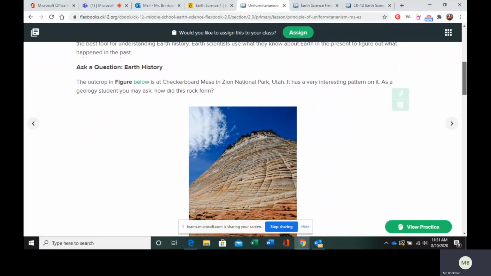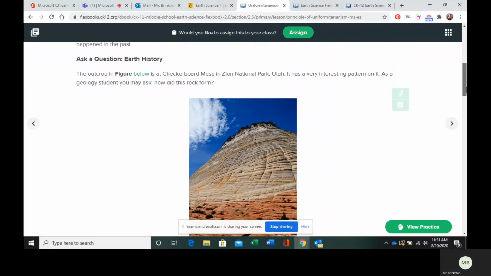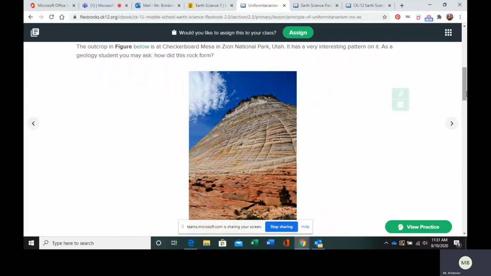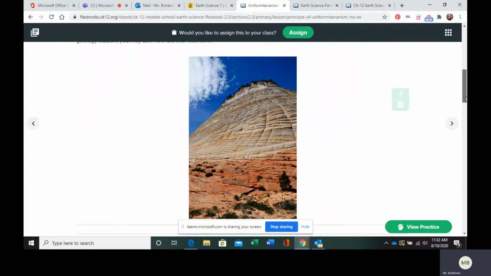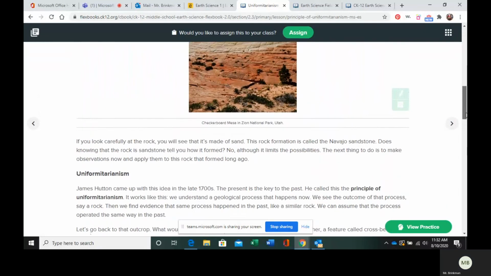So we start off with this picture of an outcrop at Checkerboard Mesa in Zion National Park in Utah. This is a very interesting pattern, kind of this swaying pattern right here. So we could ask a question, how did this rock form? Okay.